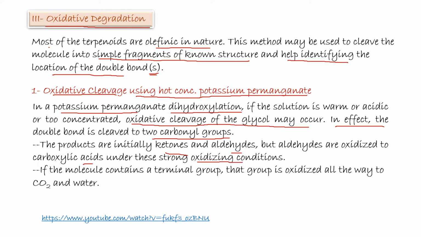If the molecule contains a terminal alkene, so if the molecule has a terminal CH2, the group is oxidized all the way to carbon dioxide and water. You can go and listen to the lecture on that with detailed mechanism.